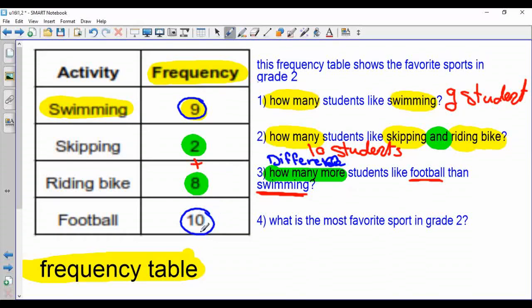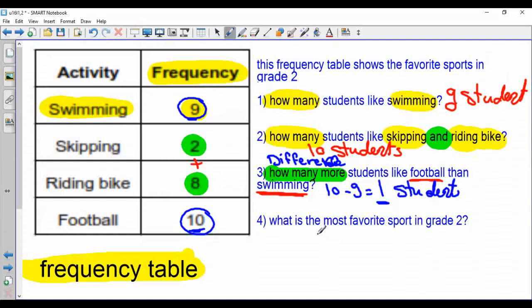So I will subtract 10 minus 9. 10 minus 9 equals 1 student. So how many more students like football than swimming? There is 1 more student who likes football than swimming.